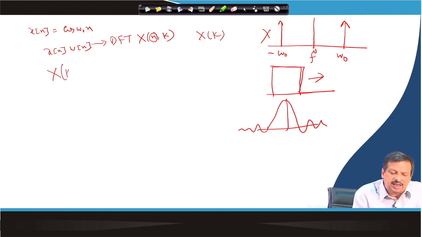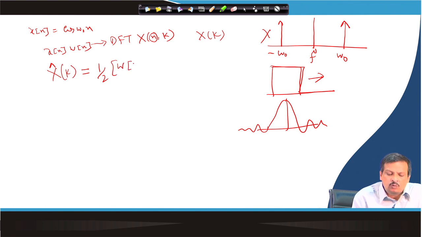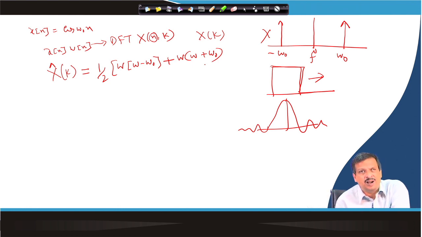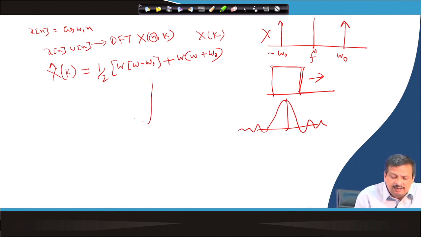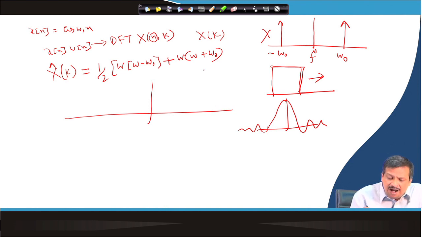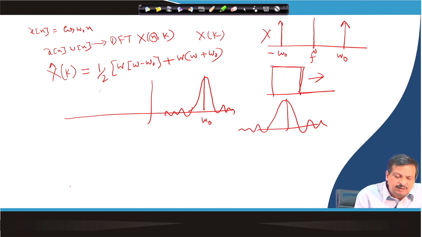So, I can say X cap k, it is not X k, X cap k is equal to half of W of omega minus omega 0 plus W of omega plus omega 0. That means this sinc function, so ideally what will I get? Instead of an impulse at omega 0, I get a sinc function in here. This is my omega 0, and I get a sinc function in here also.